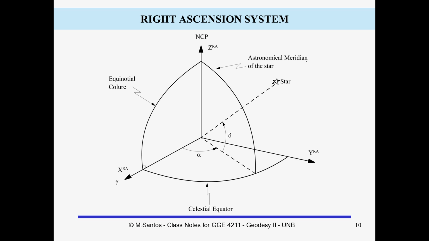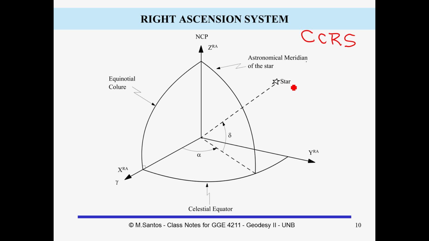Okay, so let's talk about the right ascension system, which I mentioned to you is very important because it defines the CCRS, the conventional celestial reference system, and it basically gives us directions to stars or to celestial bodies.